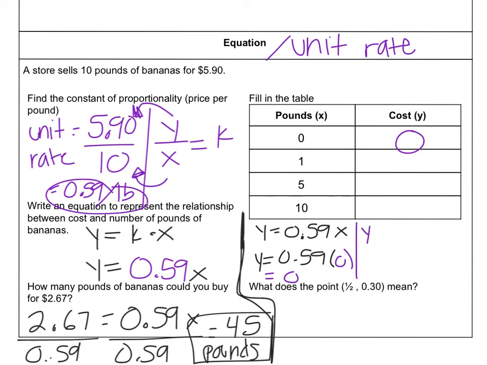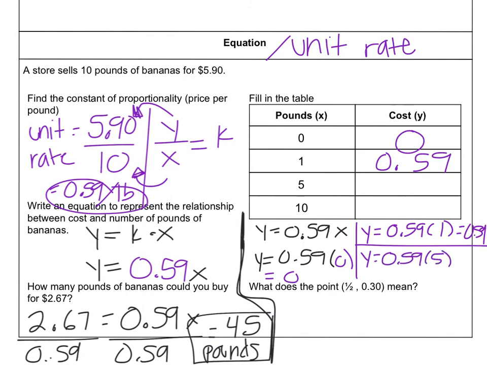Okay, y equals 0.59 times 1 pound. That would just be 59 cents. So 0.59. If I bought 5 pounds, y equals 0.59 times 5.